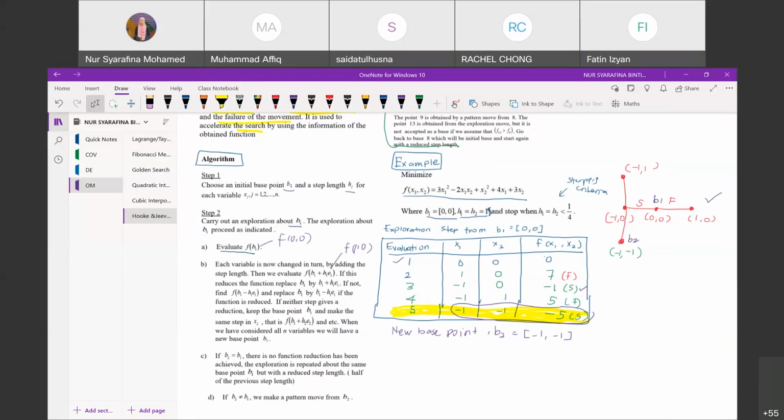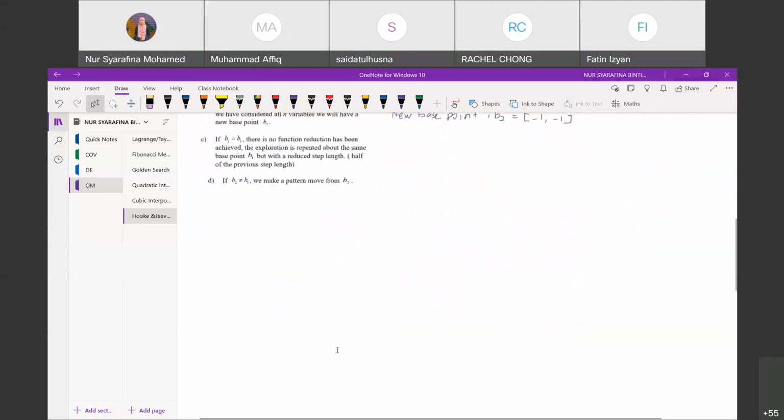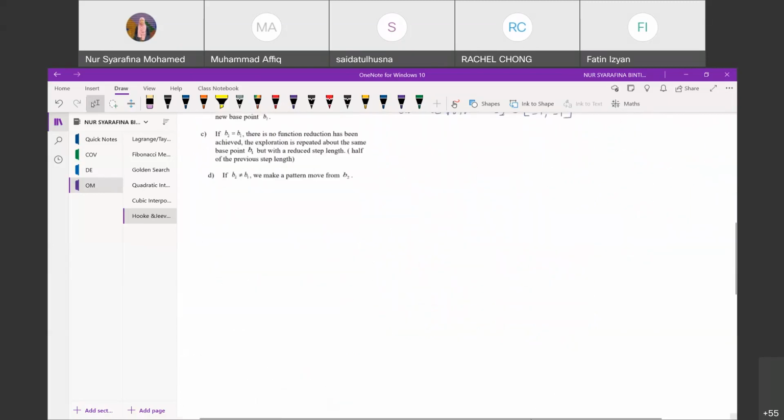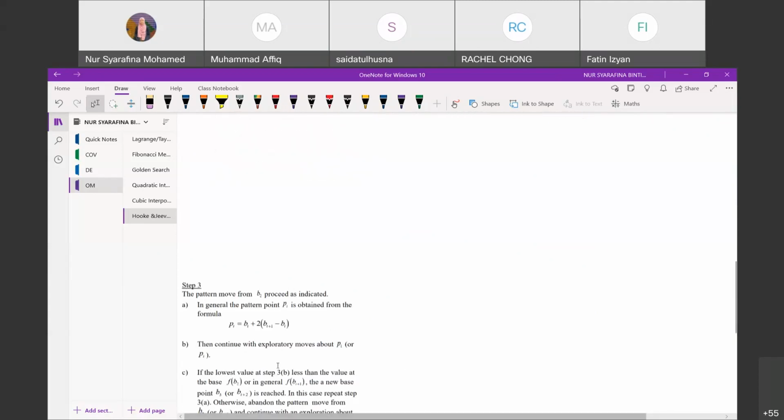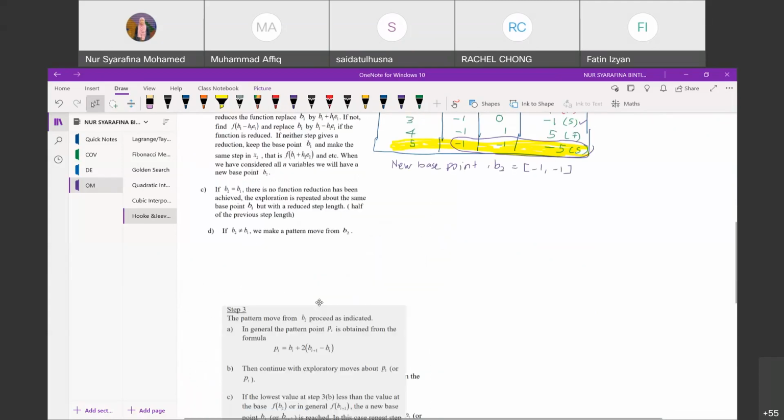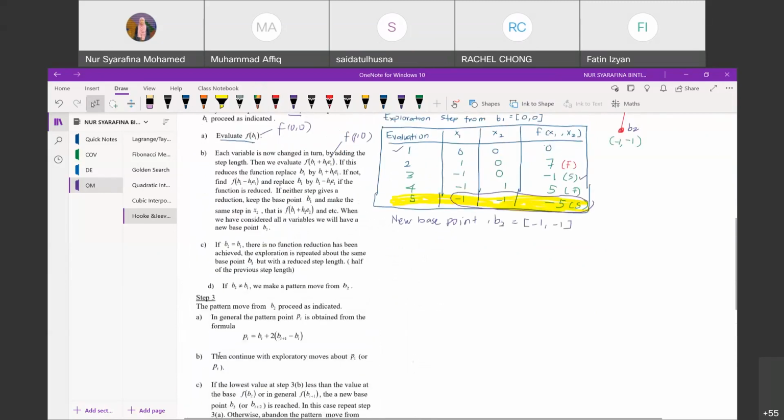Now we want to make a pattern move from B2. How can we make a pattern move from B2? If B2 does not equal B1, we make a pattern move from B2, where the pattern move is indicated by P_i equals B_i plus 2, B_i plus 1 minus B_i.